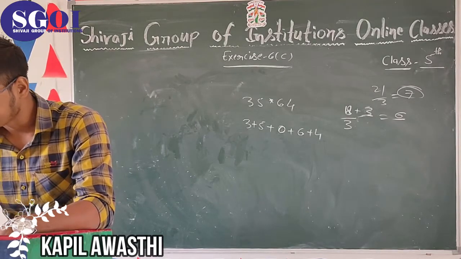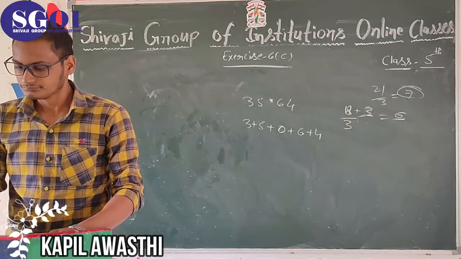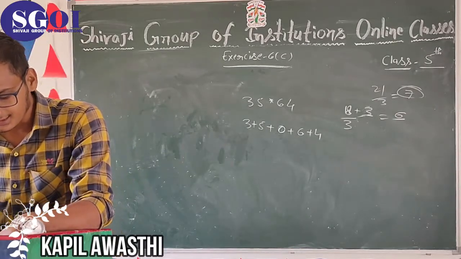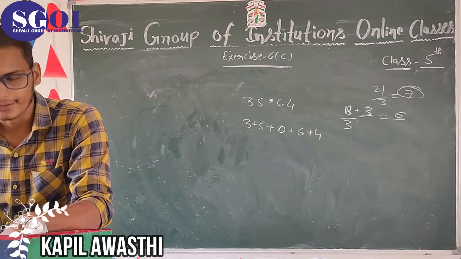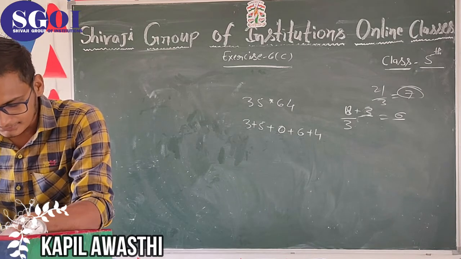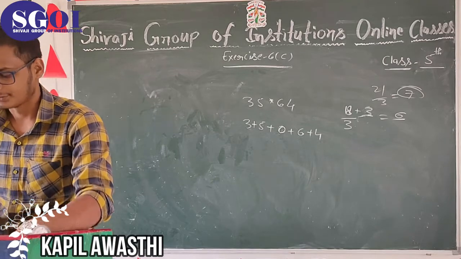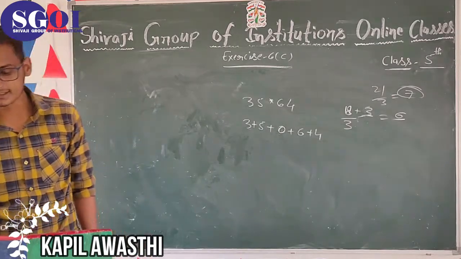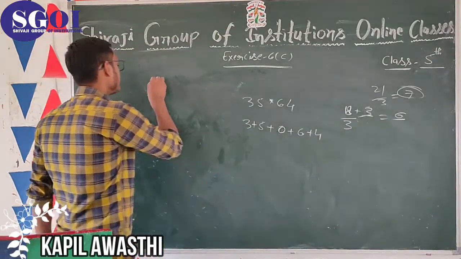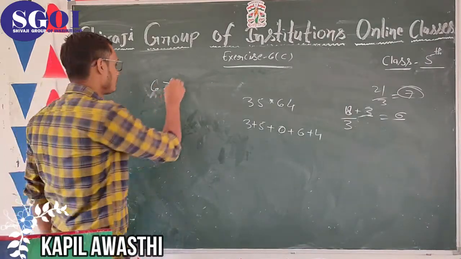Look: 6 7 star 1 9. Find the number in the place of star.